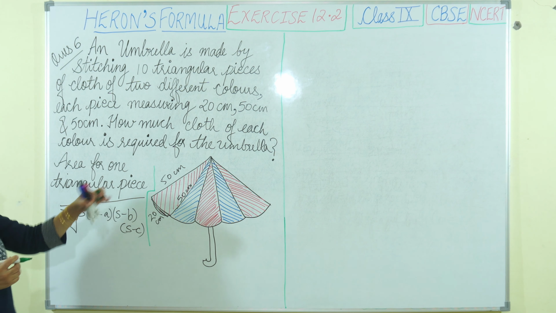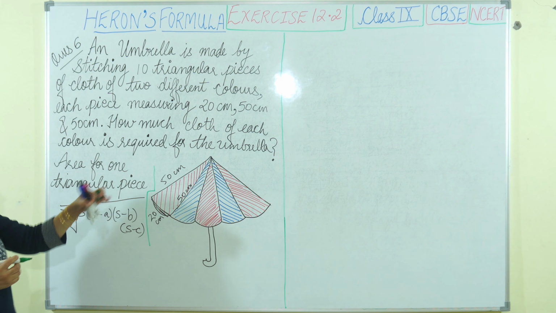One pair of 10 will come out, another pair of 10 will come out, and from the 2s, one 2 will come out. The 6 has no pair, so it remains in the under root itself. So we get 2 into 10 into 10 and 6 under the root, that is 200 under root 6 centimeter square. This is the area of one triangular piece.